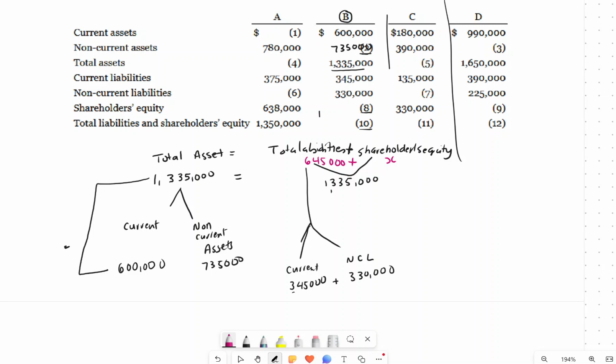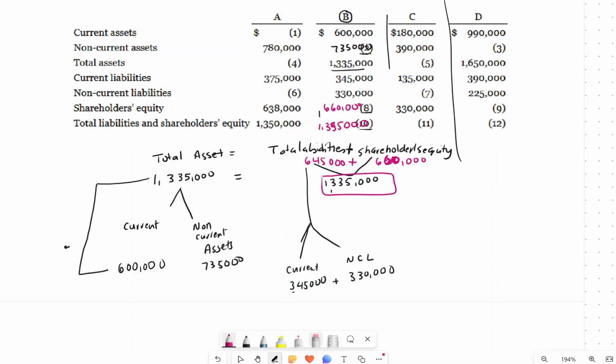That will be number 8, and that number will be 660,000. What is your total liabilities and equity? It is going to be 1,335,000. So it is this number, which is what we already had.